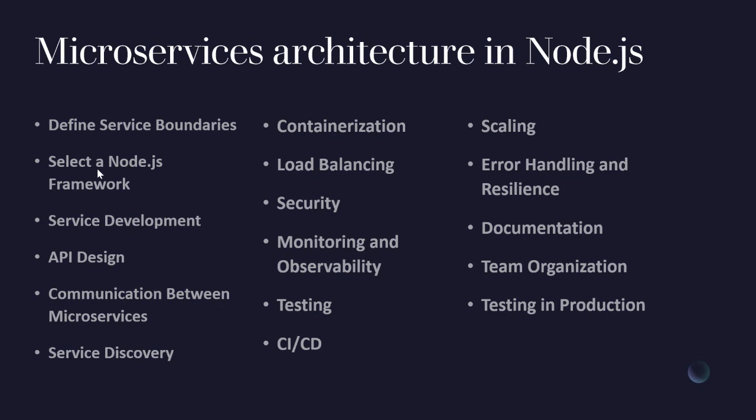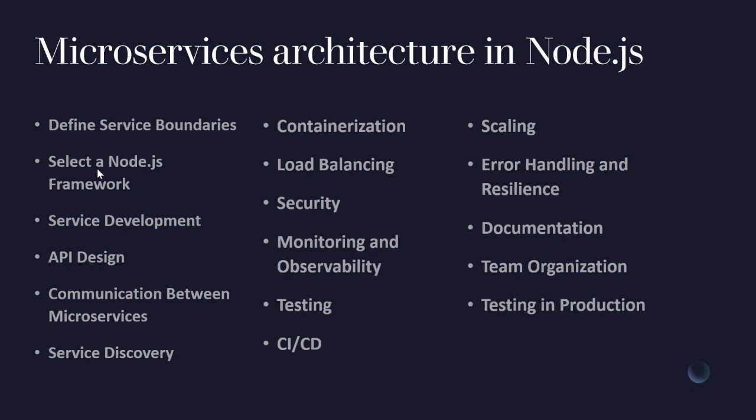The next one is load balancing. You need to implement load balancing to distribute incoming requests evenly among multiple instances of a service. This is a very important point when you create microservices in Node.js. Security, we already went through security. Monitoring and observability.